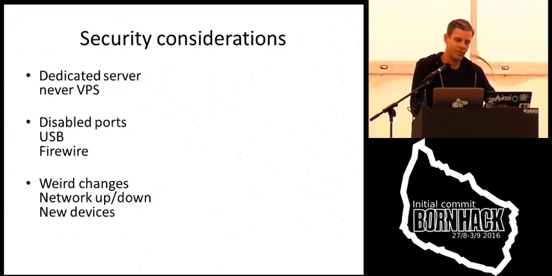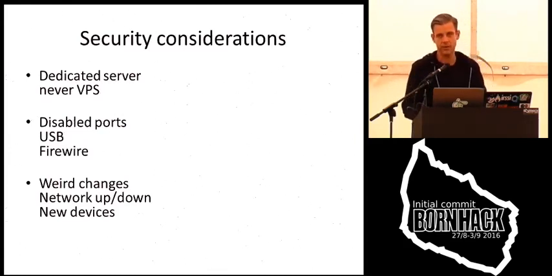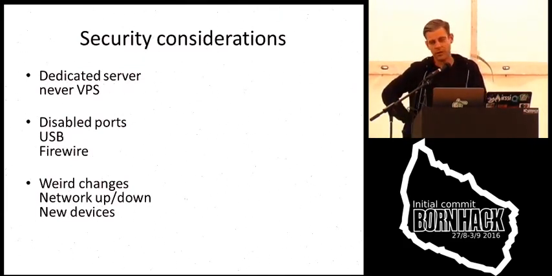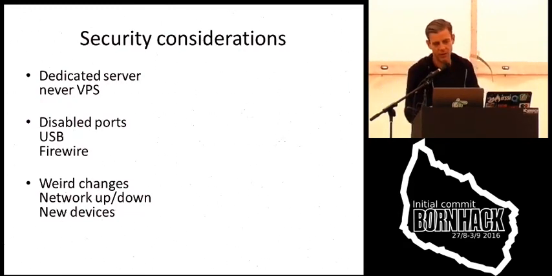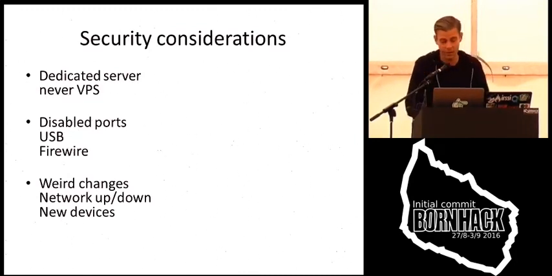I had some security considerations setting up this server. I have a server in Germany which is a dedicated server. It's not a VPS, so it's its own server. I've tried to set it up as securely as I can. The ports like USB and FireWire are disabled on it.